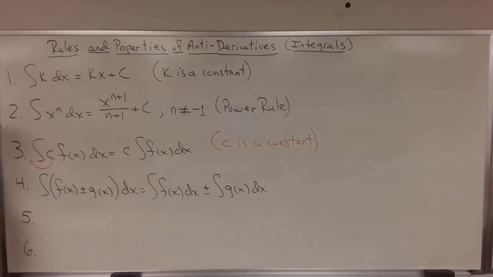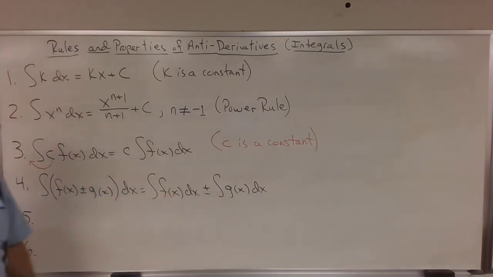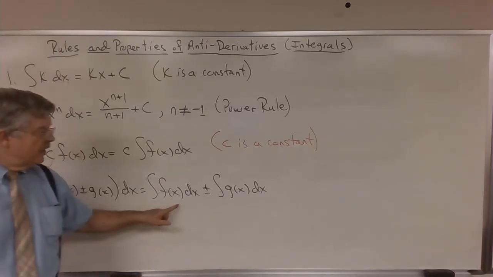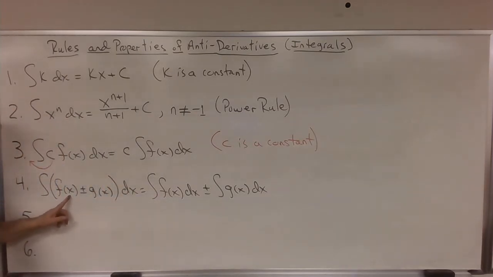With derivatives, we had the property that the derivative of a sum or difference is the sum or difference of the derivatives. And what that meant for us is that we can compute the derivative of a sum or difference one term at a time. The same thing holds true for antiderivatives.